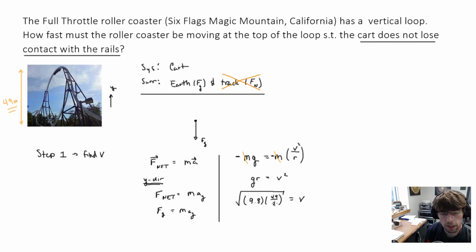I've got to think about this for a second because 49 over 2 is about 25. 25 times 9.8 is about 250. So whatever the square root of 250 is, it's going to be about 16, just a shade under 16. I'm guessing it's something like 15.8 meters per second equals v.